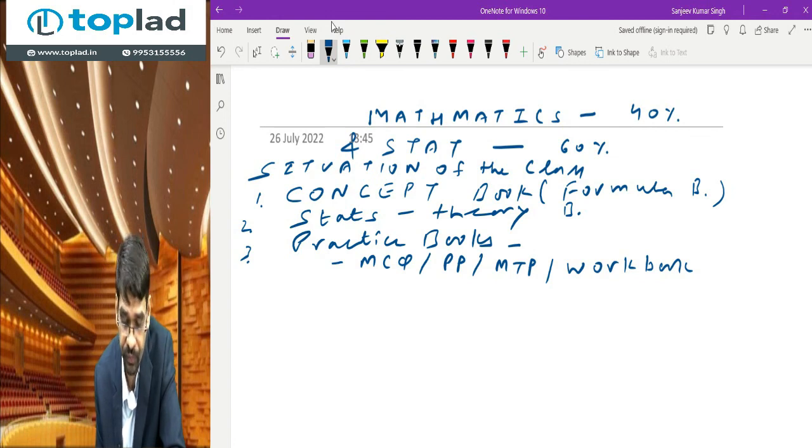I assure you, you would definitely get 100 marks if you do revision. More revision, you can get more marks. So the third one is practice books.